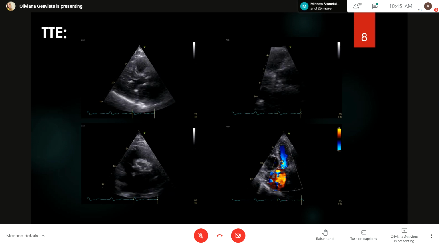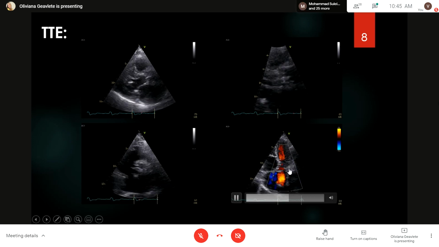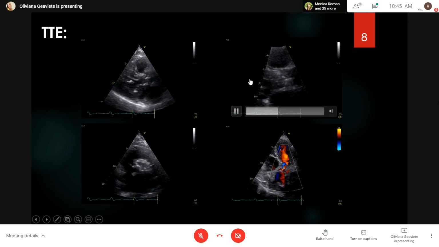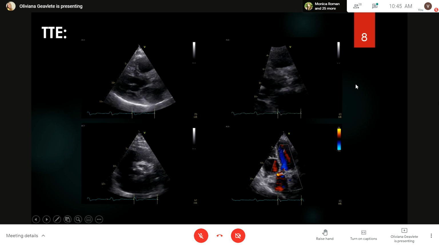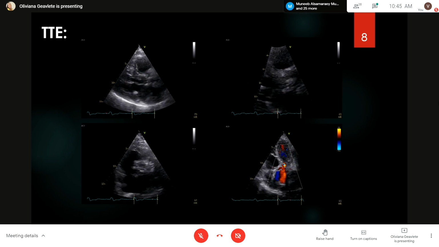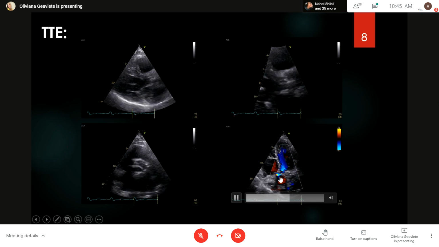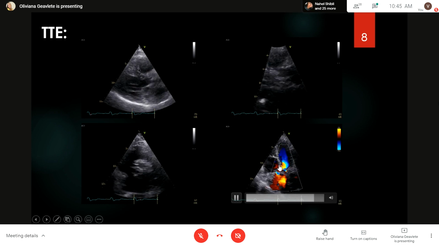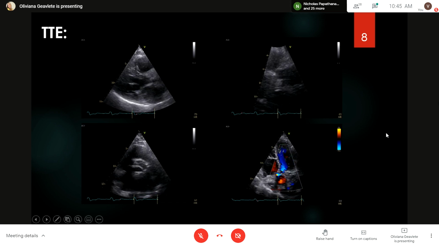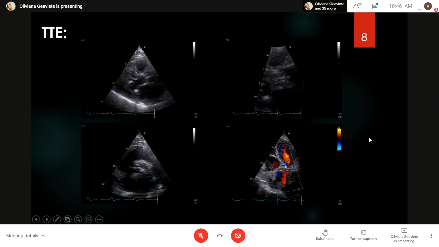This one here is the short axis, but the quality is not very good. And this one here is the aortic valve with many artifacts, it is not looking good, but it is not opening for sure. And this one here is a 5-chamber view with a turbulent systolic, how do you call it? Flow.